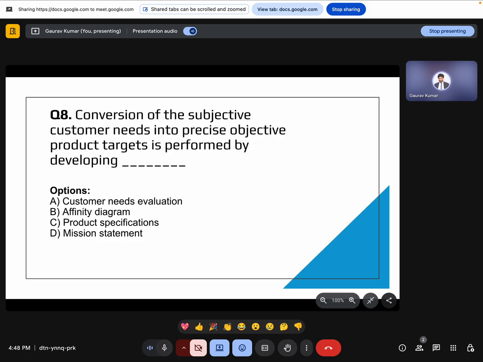The other options are incorrect because an affinity diagram only organizes needs, mission statements describe broad goals, and customer needs evaluation is still subjective. So none of these produce measurable targets like specifications do, right?